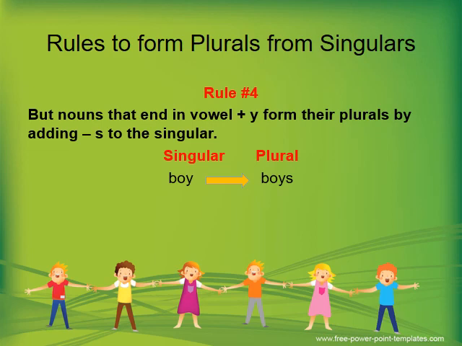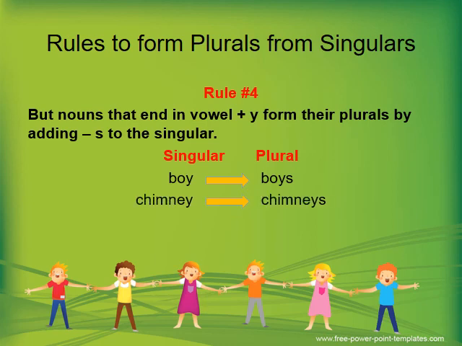Here children, boy ends in y, but before y there is a vowel, that is o. So when there is a vowel before y, then we will form the plural by adding s in the end instead of es. So the plural form of the singular noun boy is boys.